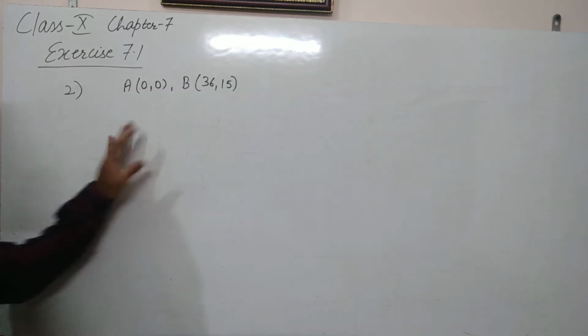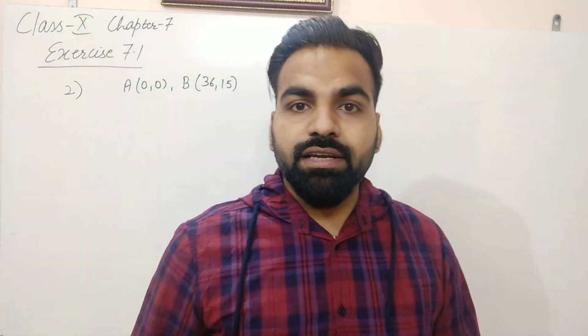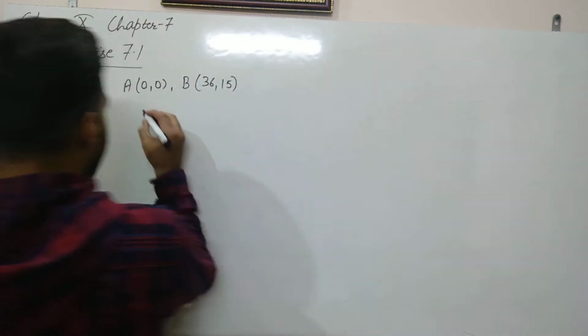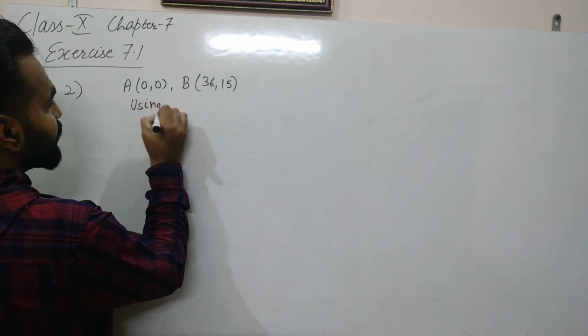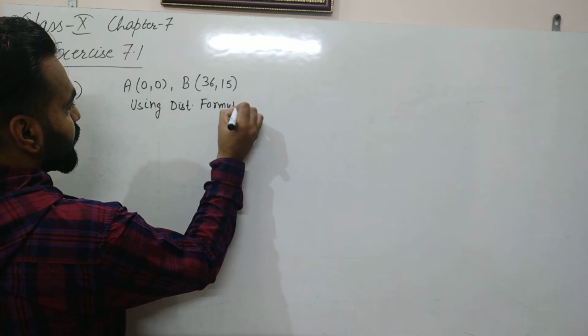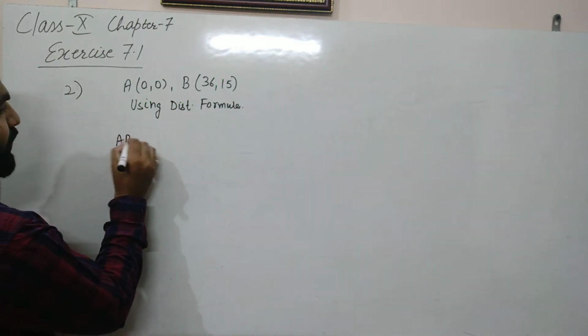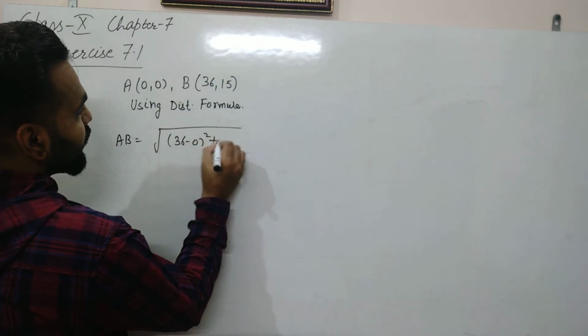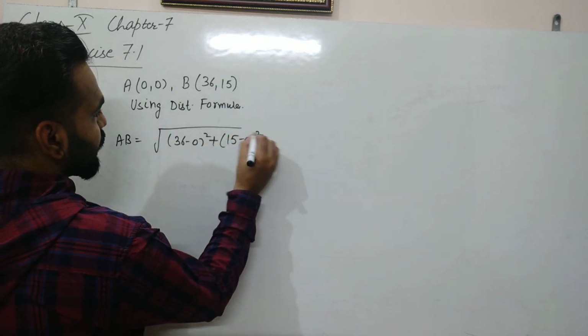So now in question number 2, 2 points are given, A and B, and we have to find the distance between them. So we will again use the distance formula. So AB will be equal to root of (36 minus 0) square plus (15 minus 0) square.